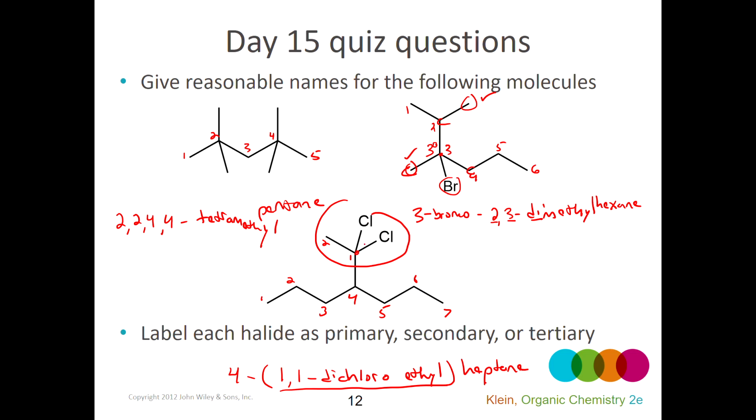Each of these chlorines is on a secondary carbon because the carbon has 1, 2 carbons attached. And so that's using the second part of the question, the primary, secondary, tertiary terminology to describe both the halogens and the carbon that they're attached to would be secondary or tertiary in these specific examples.